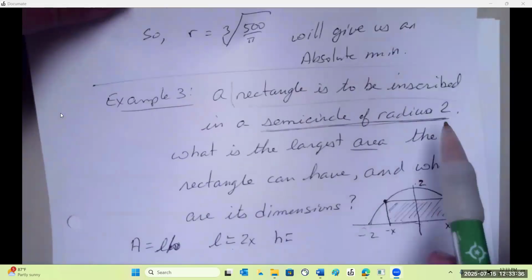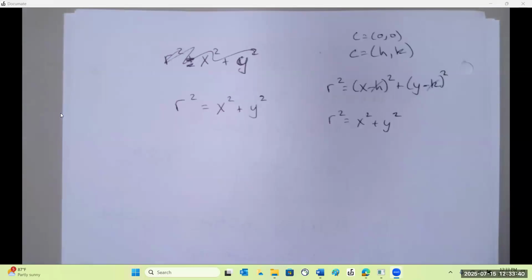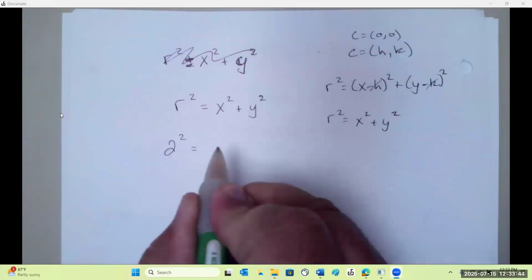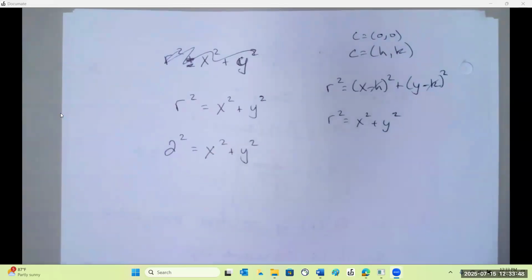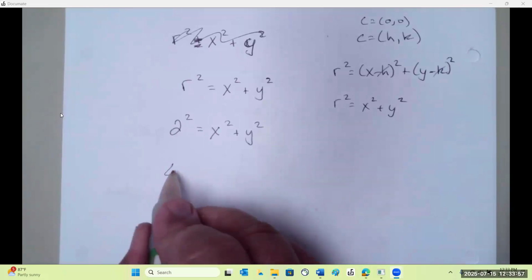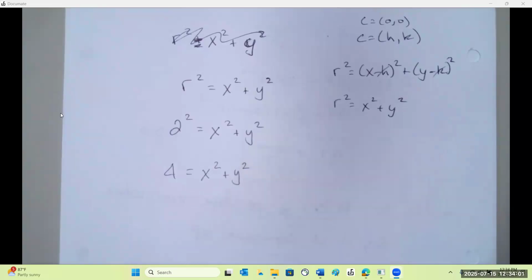Okay, we know that. Here it tells us radius 2. So what's my radius? My r is 2, squared. So we get 4 equals x squared plus y squared.